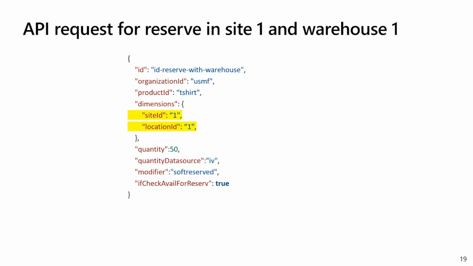Most importantly, in the dimensions field, we need to specify a concrete site, warehouse ID, and location ID. We cannot leave them empty. After that, we specify to reserve 50 quantities, as well as the data source and modifier for soft reservation. In order not to reserve more than is available in the warehouse, we need to mark the ifCheckAvailForReserve field as true.